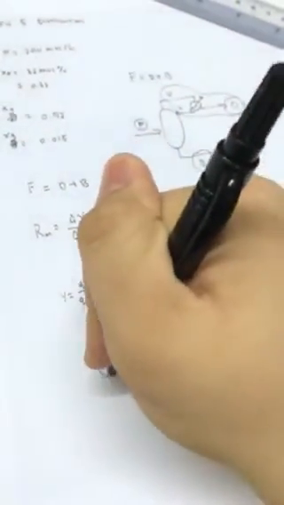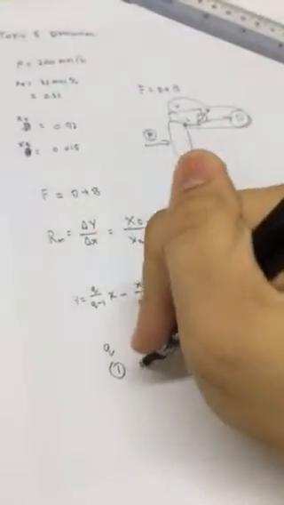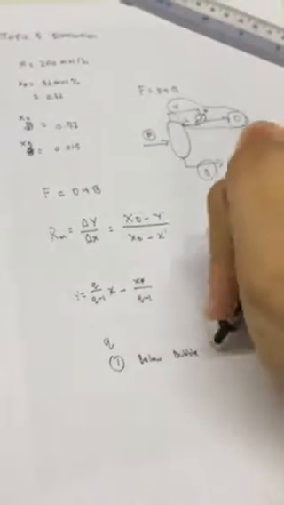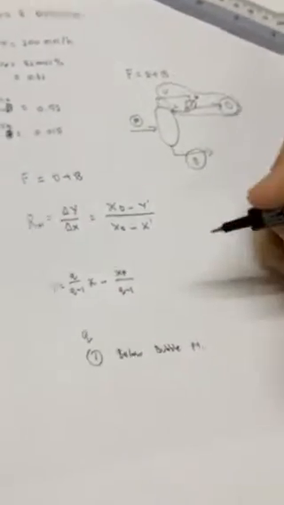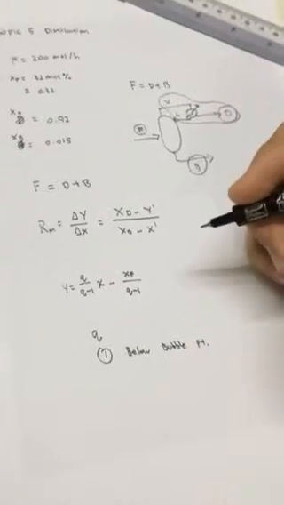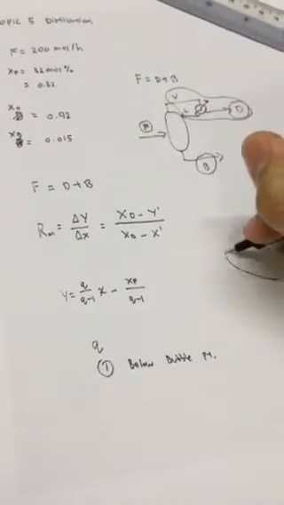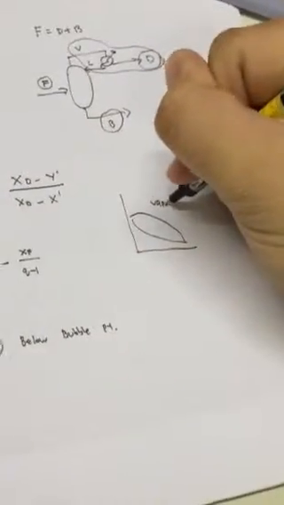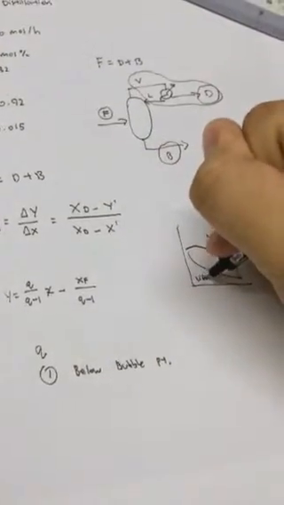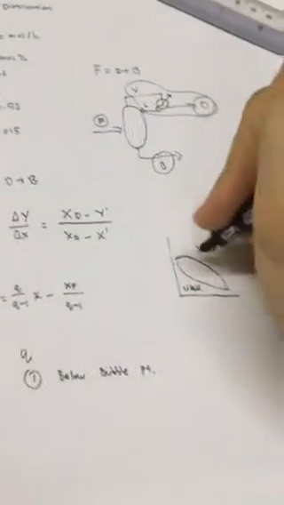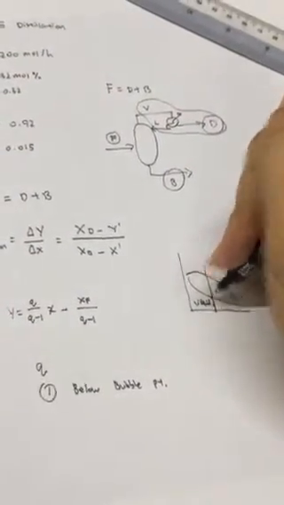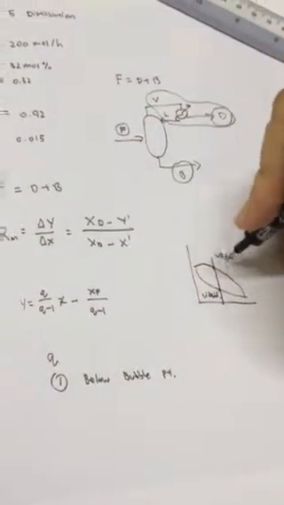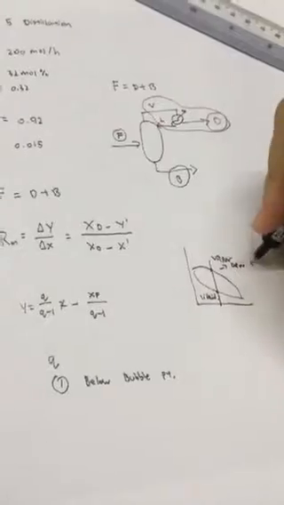The first condition is below bubble point. Below bubble point means the liquid line. This is vapor, this is liquid. At this point here, this is the bubble point, and here is the dew point.